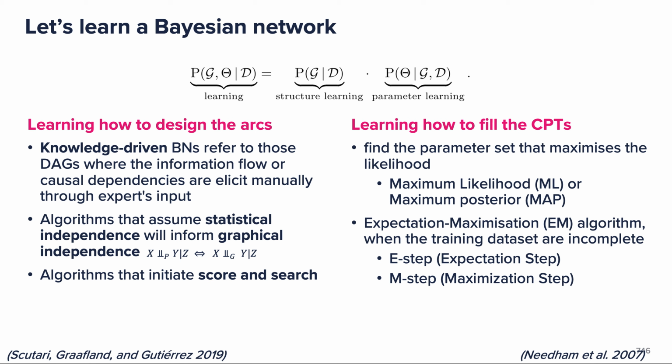And then parameter learning is all about learning how to fill the conditional probability tables. To find the parameter set, the easiest way usually is to try and find a parameter set that maximizes the likelihood of the posterior probability. You can do it by either trying to achieve the maximum likelihood or maximizing the posterior.